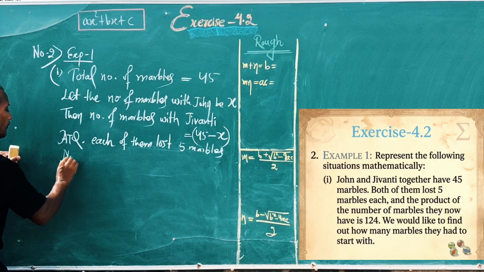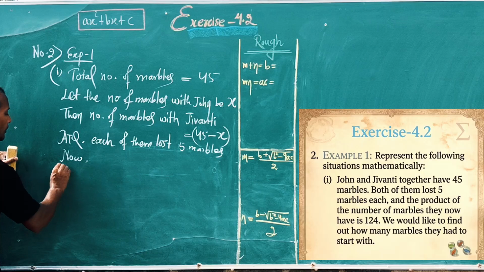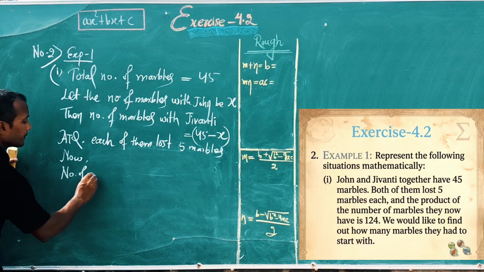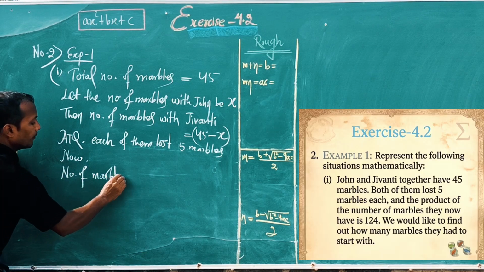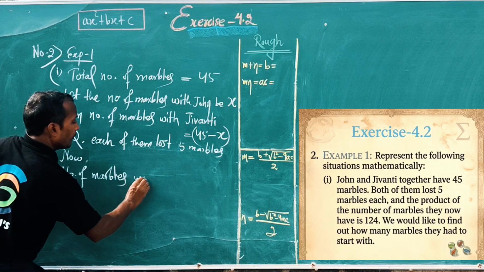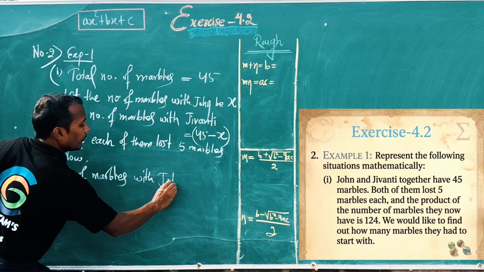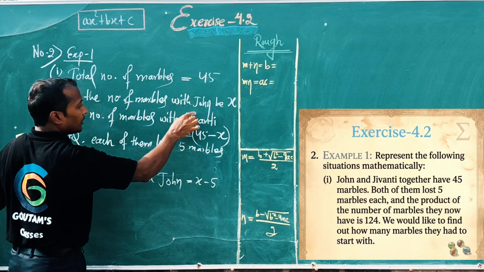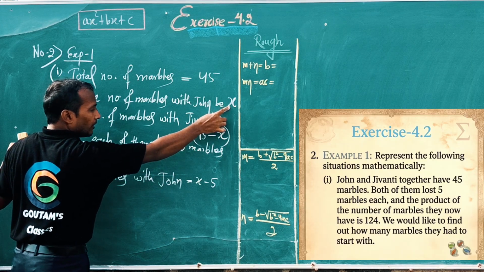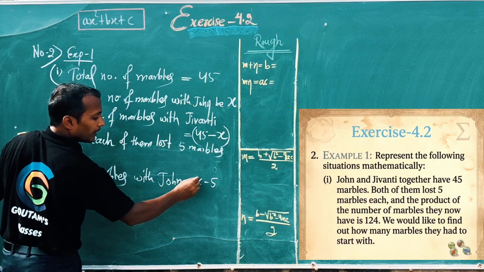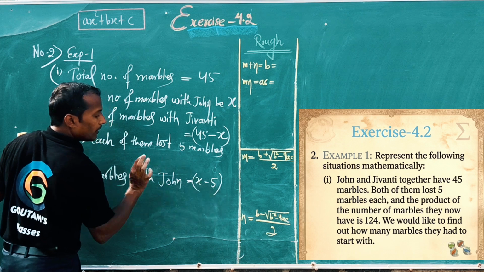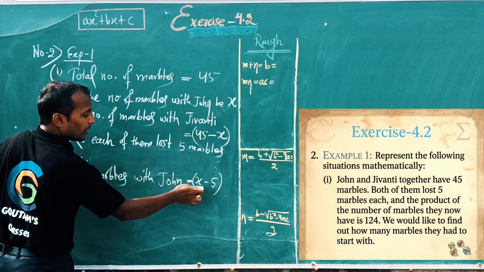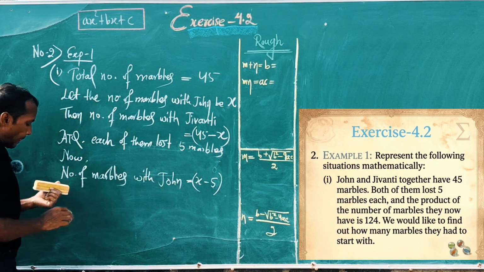So now the number of marbles with John is x minus 5, because John lost 5 marbles. Earlier he had x. After losing 5, he will have x minus 5, 5 less than the previous number of marbles.